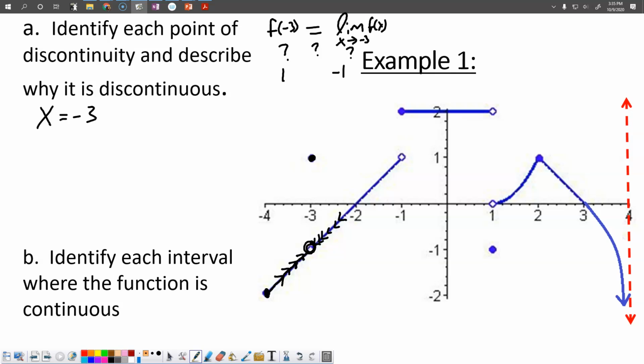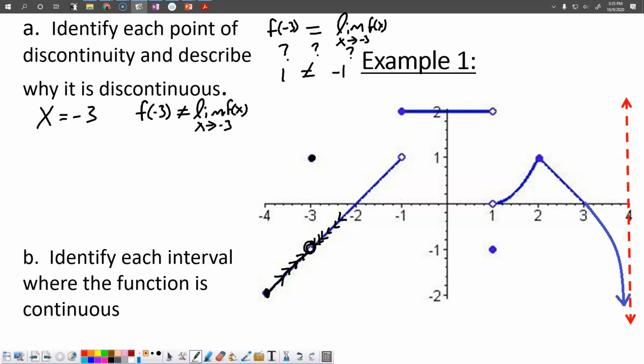So far we're good. The function exists. The limit exists. But are they the same? They are not the same. And so what we would say is the reason there's a discontinuity at x equals -3 is because f of -3 is not equal to the limit of this function as x approaches -3.